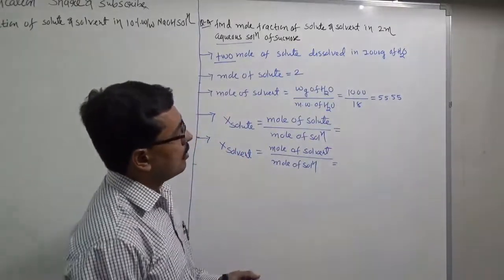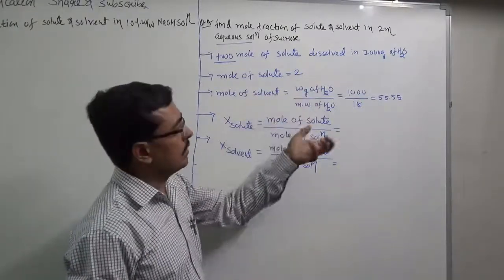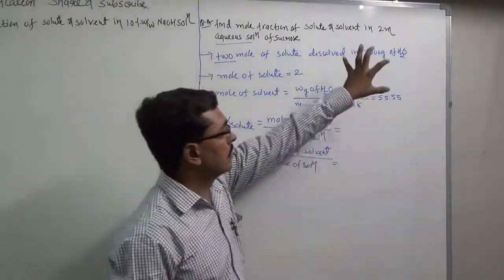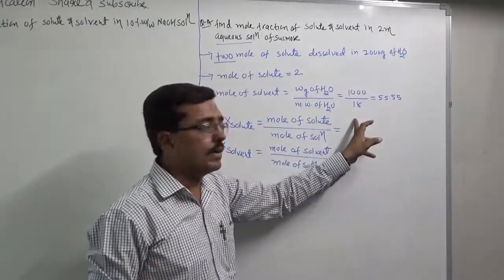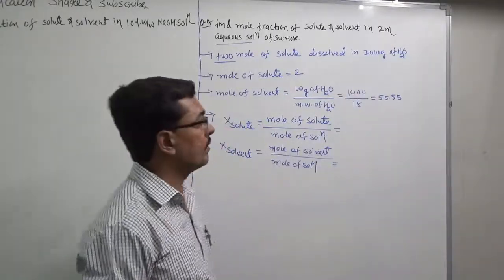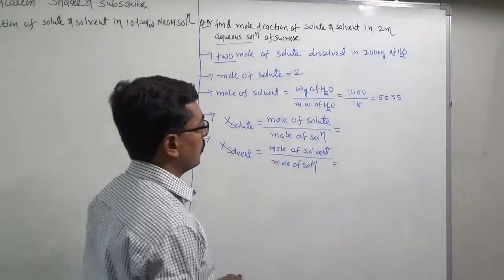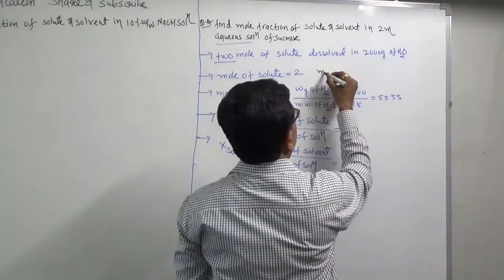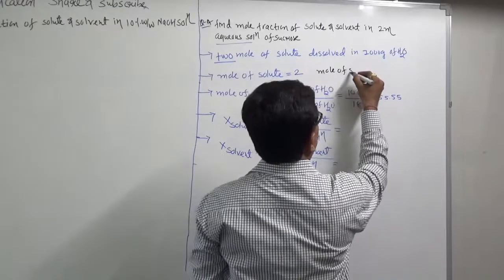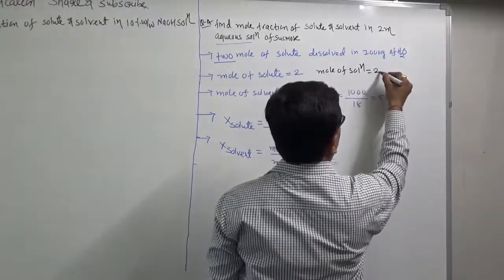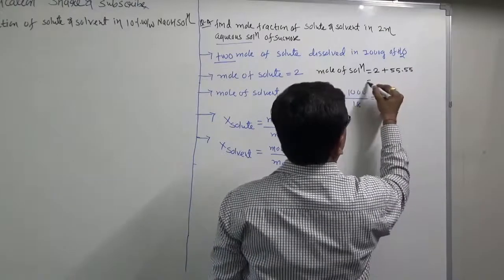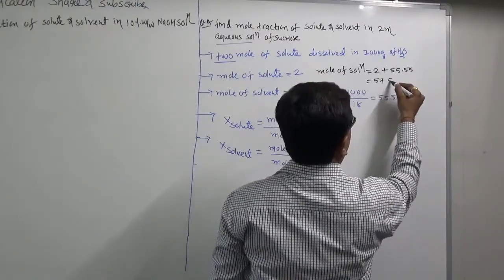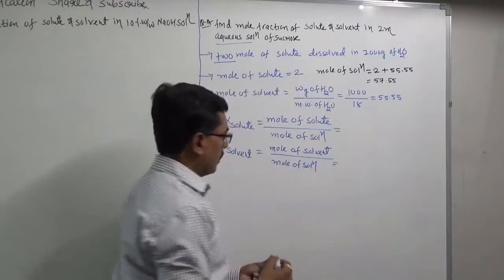Now mole of solvent will be the same, no change. 1000 gram water is given, so 1000 divided by 18 you will get 55.55. But total mole of solution will be changed. Now mole of solution will be the sum of these two, 2 plus 55.55, and you will get 57.55.